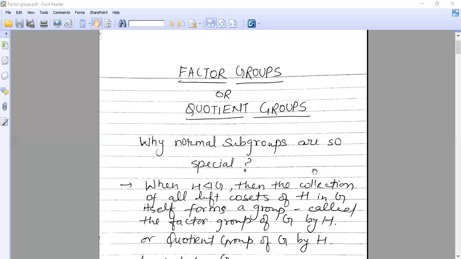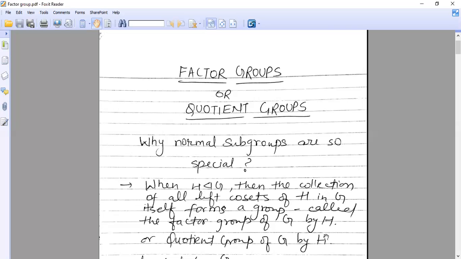So basically you have a group G and a normal subgroup H, then G upon H is the factor group or the quotient group, because you are writing it as G upon H. You can visualize that it is the factor group in that sense.